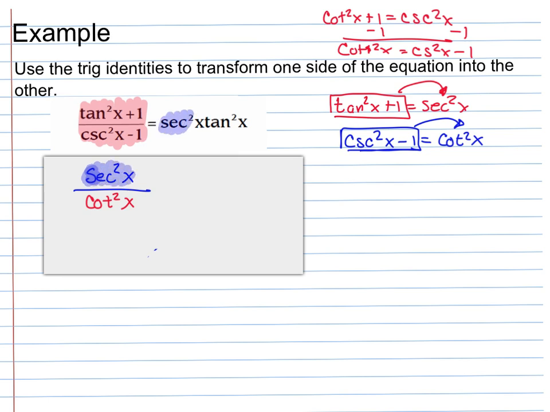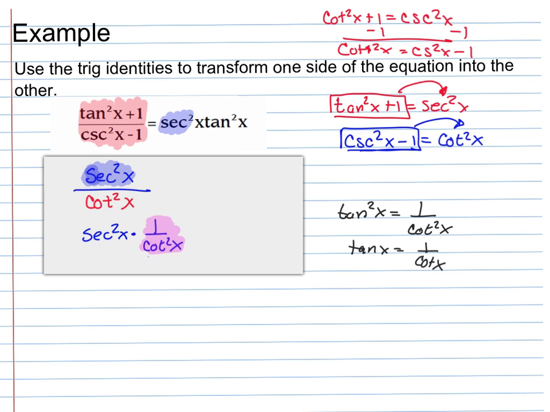But what I can do is leave that secant squared like it is, and then go times 1 over cotangent squared x, and then change this cotangent into tangent squared, because we all know that tangent squared x is the same thing as 1 over cotangent squared x, because it's the same thing as if you had tangent of x equal to 1 over cotangent of x.